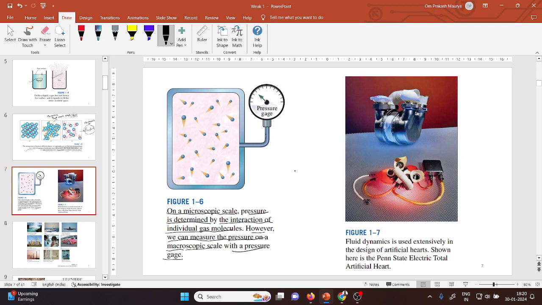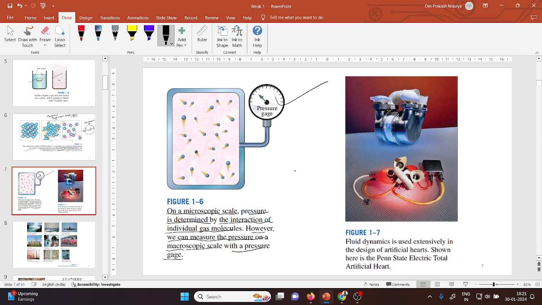On the macroscopic scale, if you want to measure how much the pressure is inside anything, you just use the pressure gauge. But if you want to measure at the microscopic level what is the pressure due to one single molecule, you have to analyze the individual gas molecules.